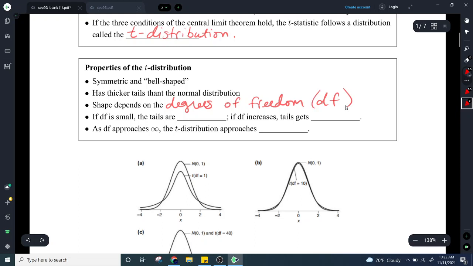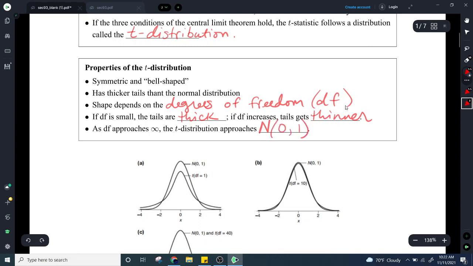So if you see DF, that's what we're talking about. If DF is small, then the tails are going to be thick. And if DF increases, then the tails are going to get a little bit thinner. As DF approaches infinity, in other words, as the degrees of freedom gets larger, then the t-distribution approaches a standard normal distribution.